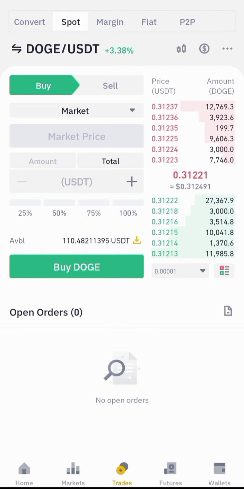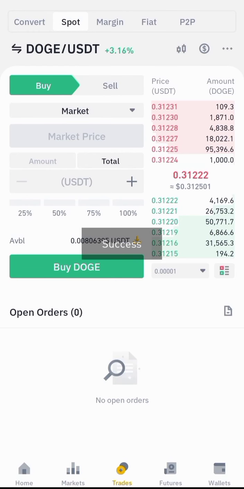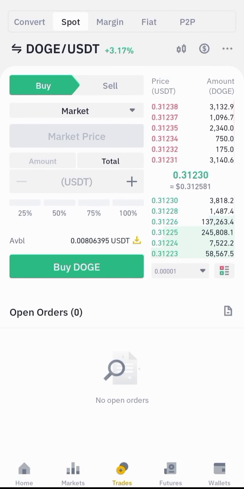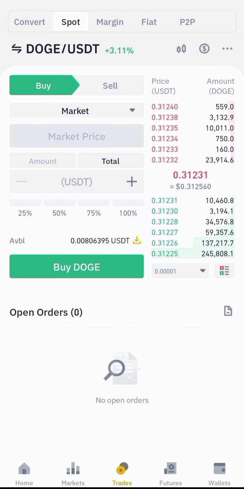So how many percent do I want to use? Let's say 100% of my USDT available. So I place a buy on Doge. Immediately it has been filled for me. I have bought Doge. You can see my available USDT is now 0.0.